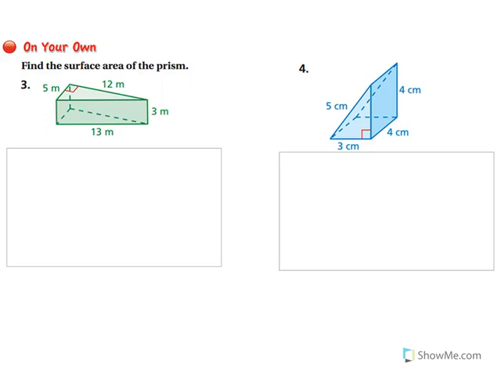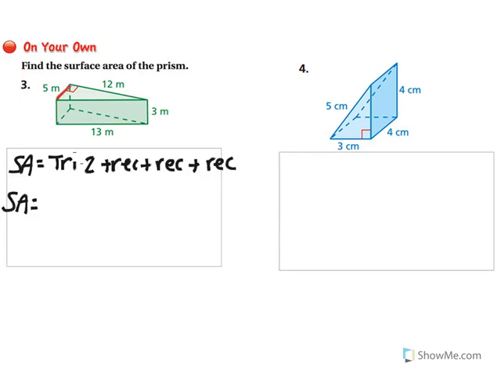All right, let's take a look at this next problem, number 3. I'm going to write down surface area equals my triangle times 2 plus my rectangle plus my next rectangle plus my next rectangle. For my triangle, let's look.